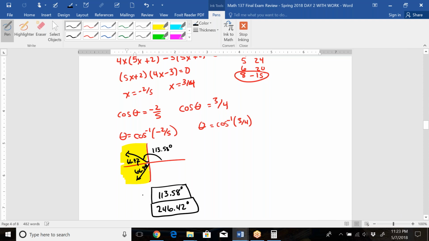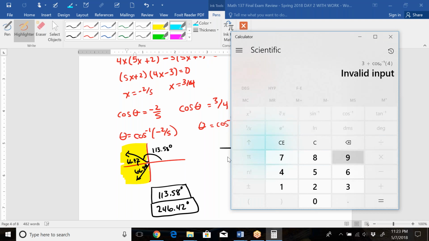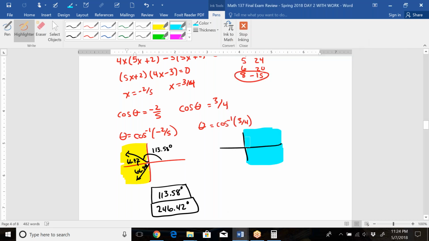So this one was given to us by the inverse. This is the other place where a cosine could have a negative 2/5 ratio. Then we would want to look at this one, and if you do this, you're going to know that cosine has a positive ratio in both quads 1 and 4, but the inverse only gives you quad 1 for cosine. So if we do 3 divided by 4, hit enter, and then inverse cosine, 41.41.